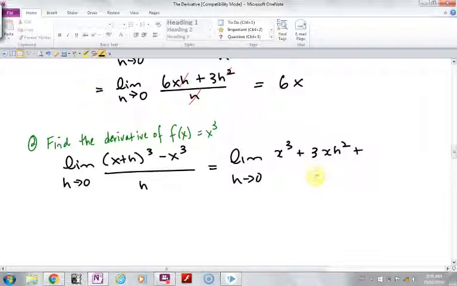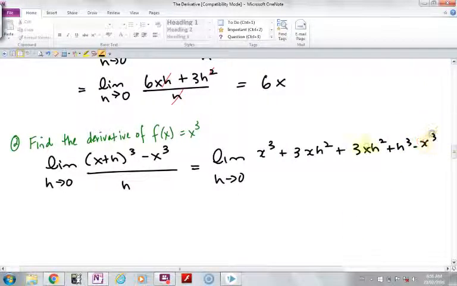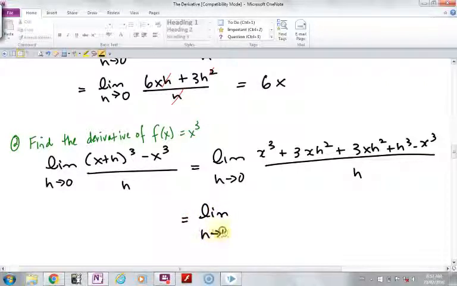So I end up with 3x squared h plus 3xh squared plus h cubed minus x cubed all over h. Okay? And so then I take the limit as h approaches 0.